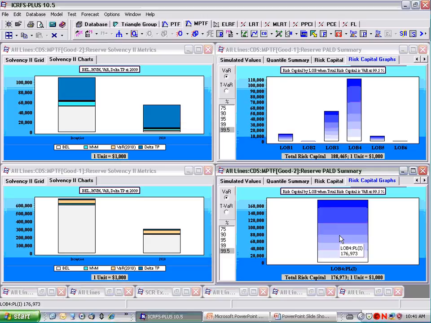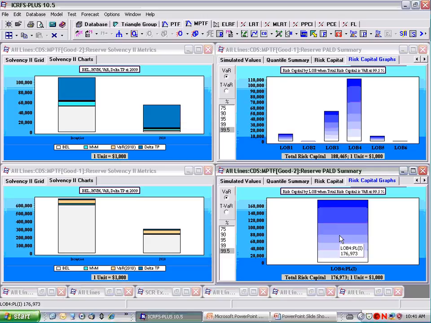This is both for a single line, which is the most volatile amongst the lines, and the aggregate of 6 lines of business. I also mentioned the simulations that we did, about 480 million simulations, which takes about 5 to 6 minutes on my computer.